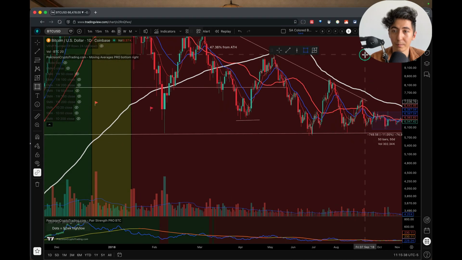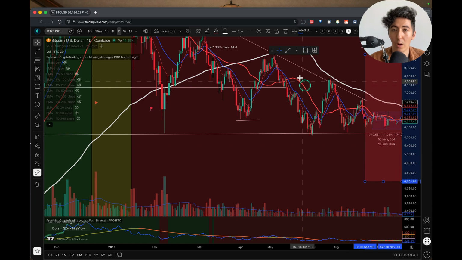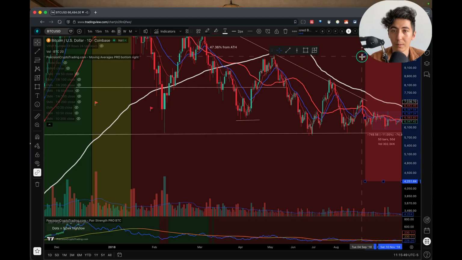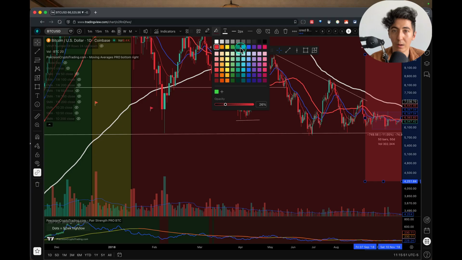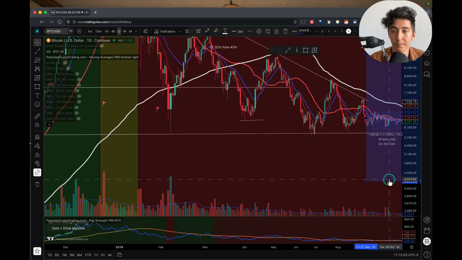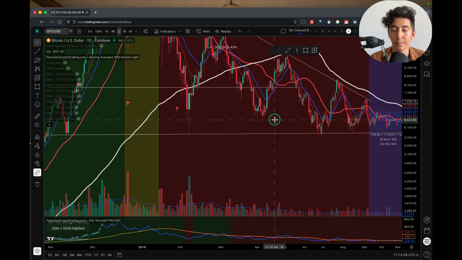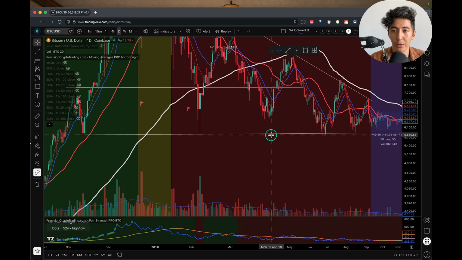Could this be a stage 1 basing? It's not going any lower. It's formed this range. Maybe that could be our stage 1 basing, because it's found support. But we have that key level there.